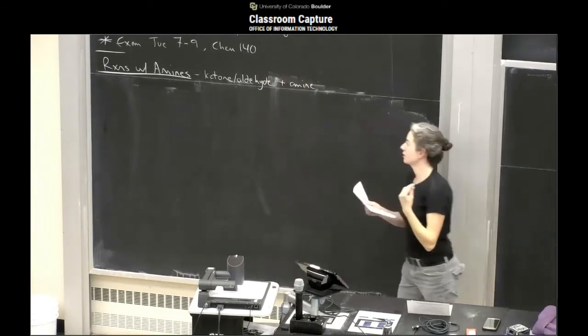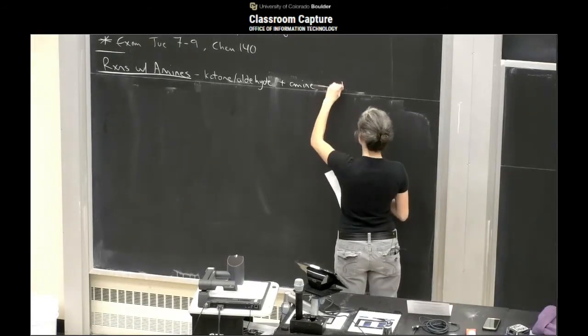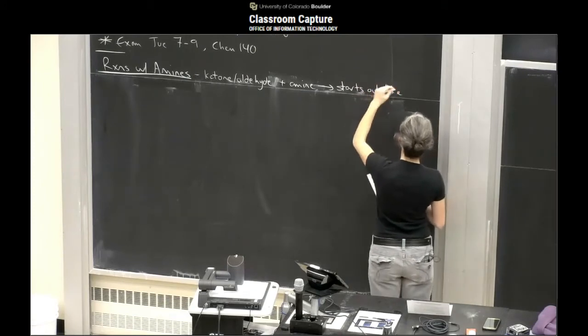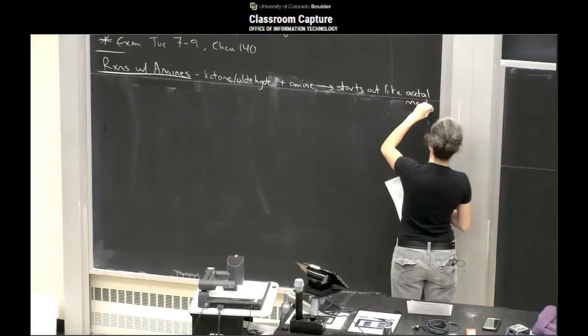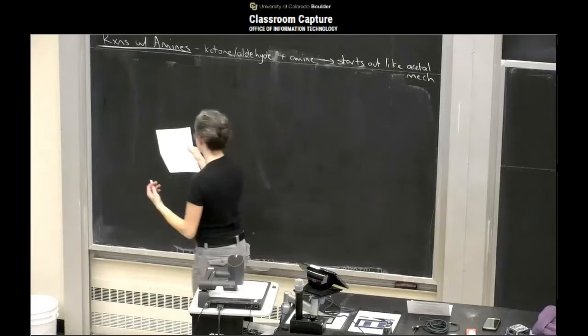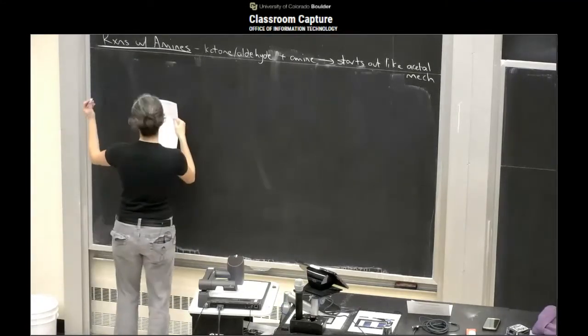So we're doing a ketone or an aldehyde plus an amine. Basically, it starts out like acetal formation mechanisms. Okay, so I won't draw the acetal mechanism up again, but I'll do this new one, which is about the same thing.